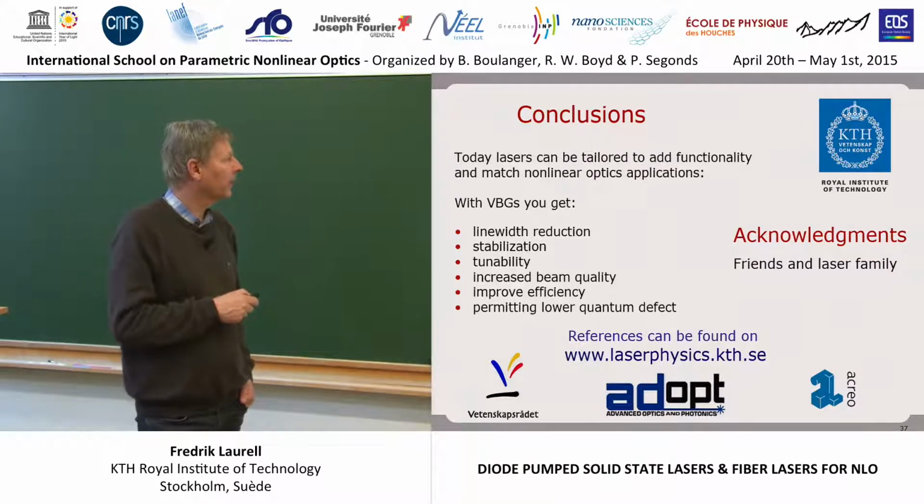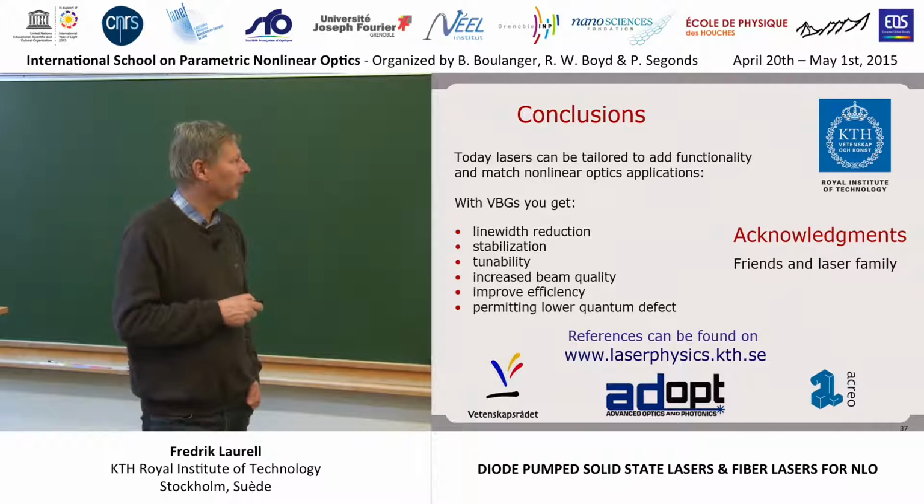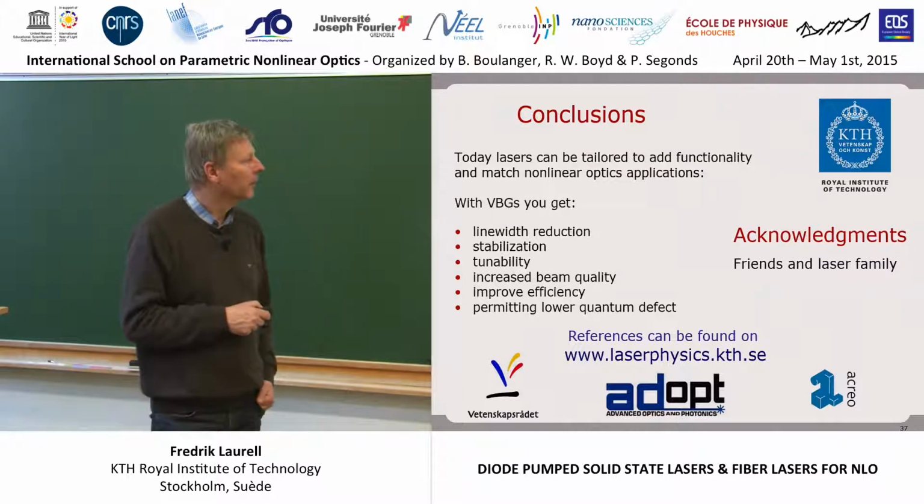I would say that volume Bragg gratings are very useful because they are simple, cheap tools. You get the spectral line width that you want, often a reduced line width, stable operation, tunability, good beam quality, sometimes even improved efficiency, and low quantum defect can be good if you want to scale power.